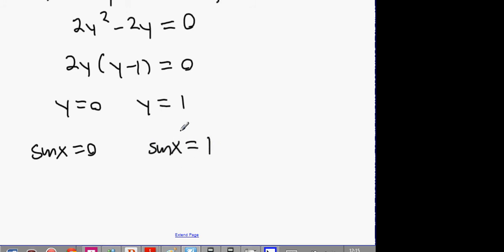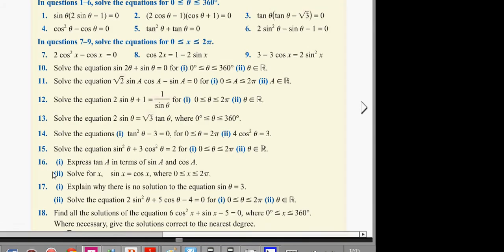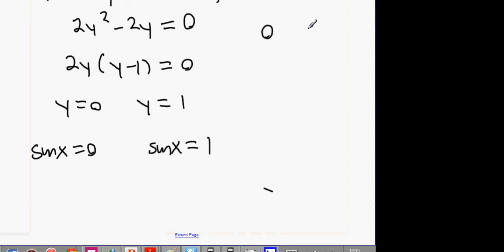Now, does the description in the question tell us anything about how far we need to go? Description says we have to go from 0 to 360 or 0 to 2 pi. 0 to 360.